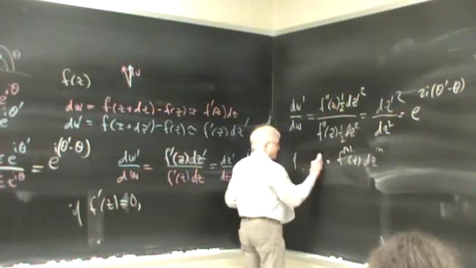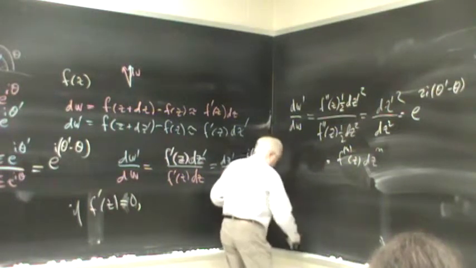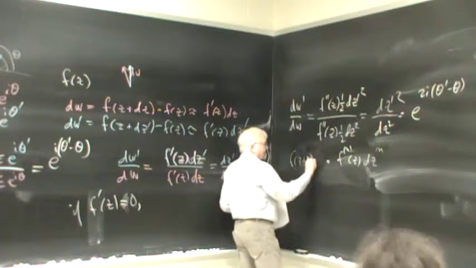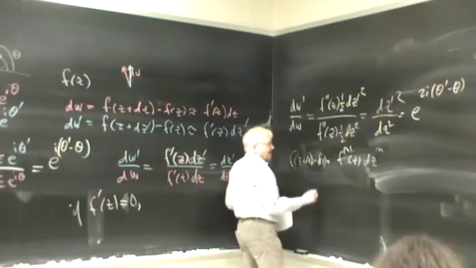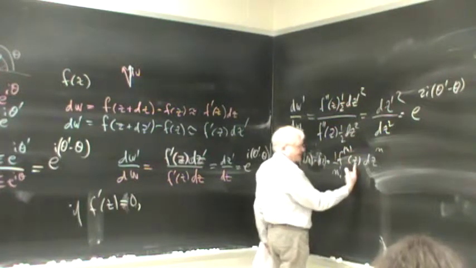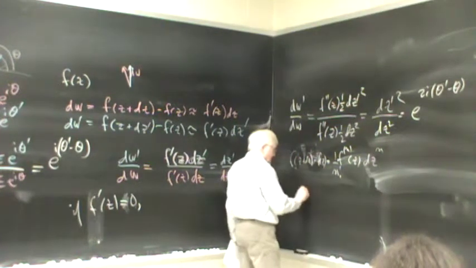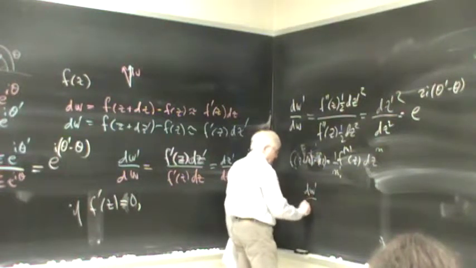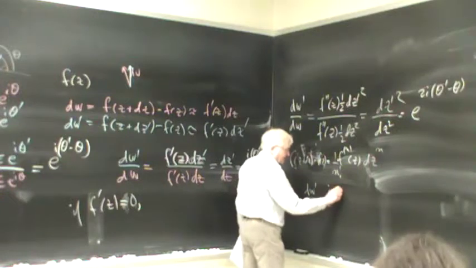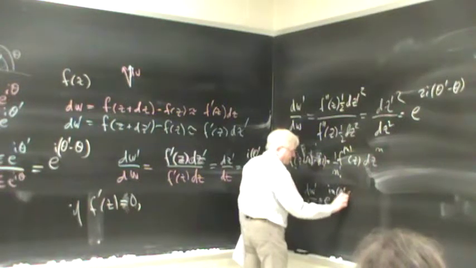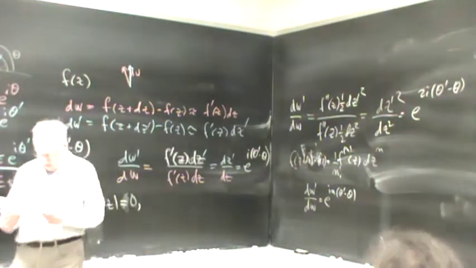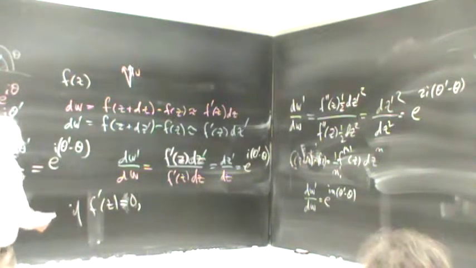In other words, if f of z plus dz minus f of z is 1 over n factorial, the nth derivative, times dz to the n, then dw prime over dw is going to be e to the i n (theta prime minus theta). So angles get multiplied by a factor of n in that case.